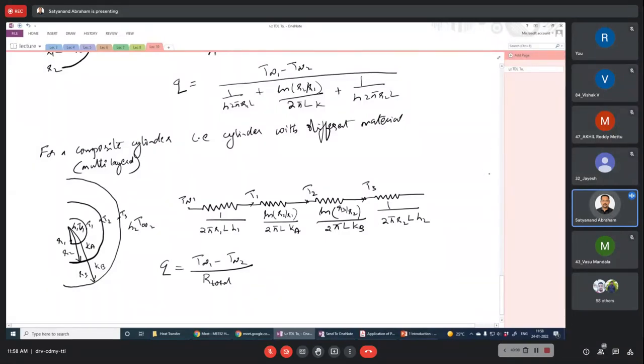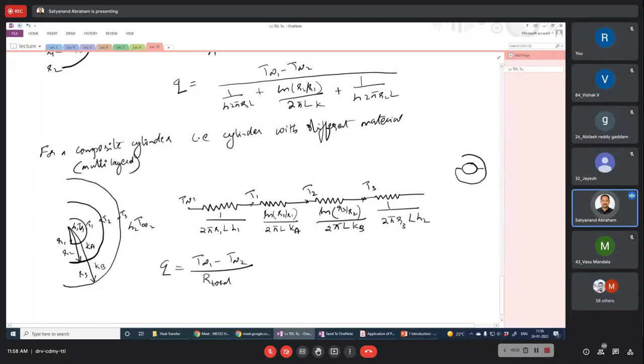One parallel thing can also happen, which I'm not going to discuss in detail. Yes, ask me. In the above expression, for the last one, it's R3, right? 2 pi R3 L into H2. Yes, sorry, very good. 2 pi R3 L into H2.